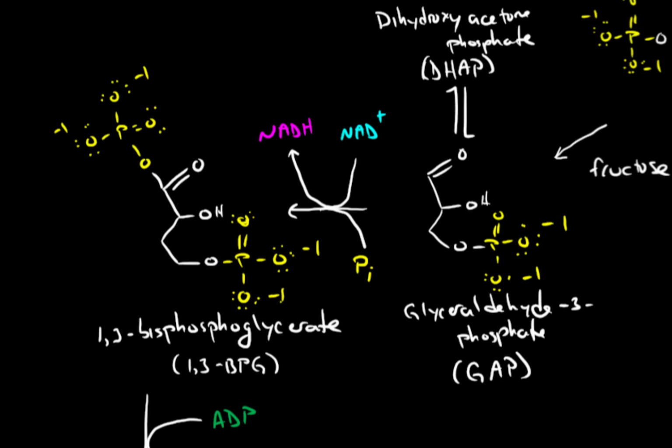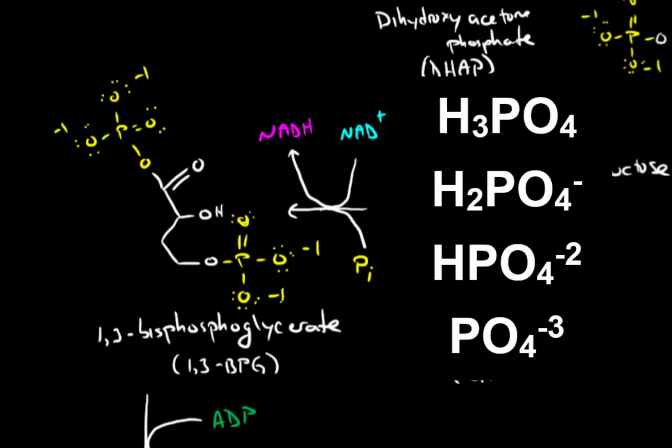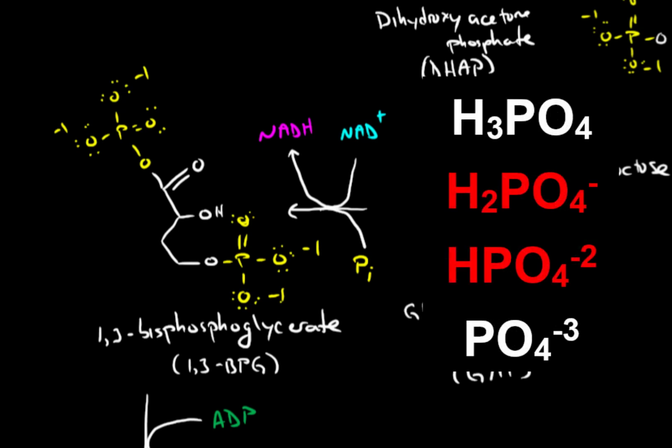But instead of using ATP this time, we're using inorganic phosphate, which is any form of phosphate: phosphate, hydrogen phosphate, dihydrogen phosphate, or phosphoric acid. In the biological pH range, that's most likely hydrogen phosphate and dihydrogen phosphate, because those are the 2 species in the highest abundance at neutral pH.